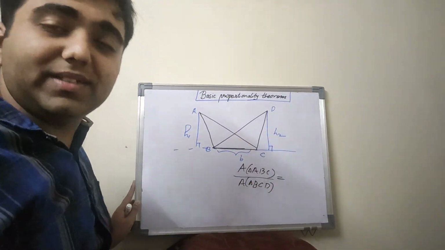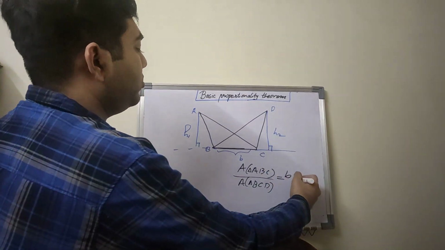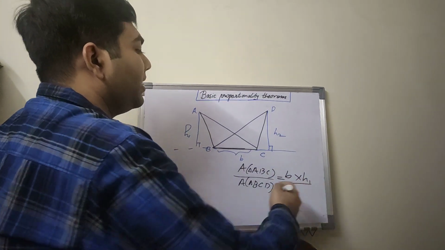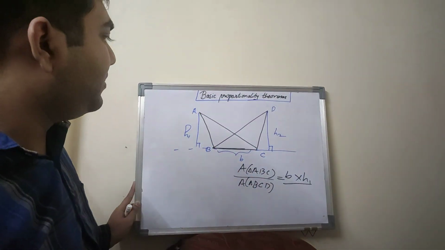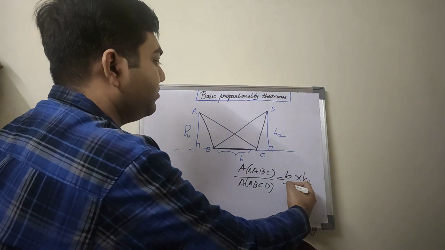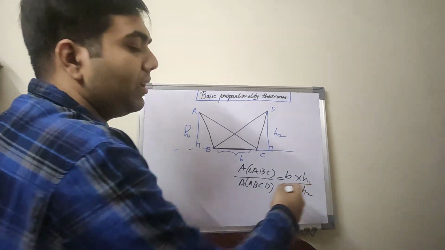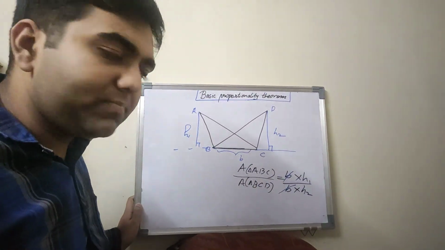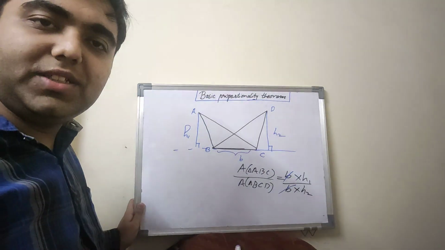B1 and B2 both are same, that's B. So B into, what's the height of ABC? H1. And what's the height of the second triangle BCD? It's H2. You can see I can always cut D and B.